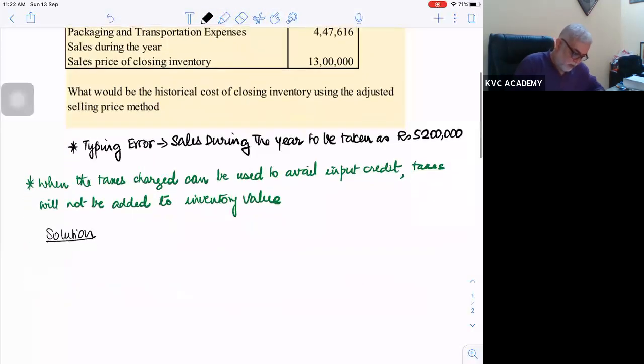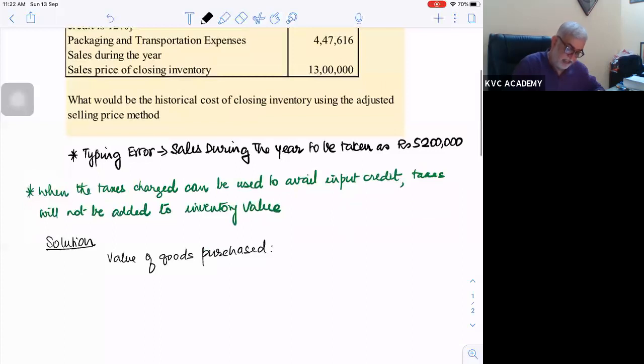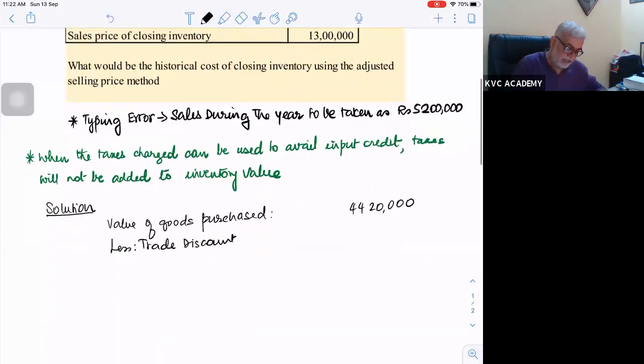Solution. So value of goods purchased. The value of goods purchased is 44 lakh 20,000. Before you calculate tax, you remove the trade discount because trade discount is not accounted for. You have to take the value which is after the trade discount.